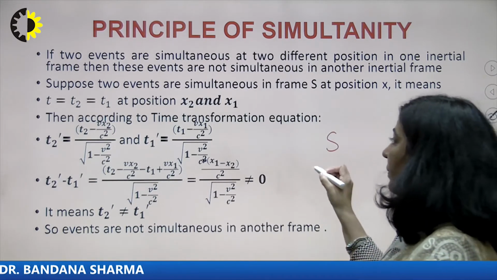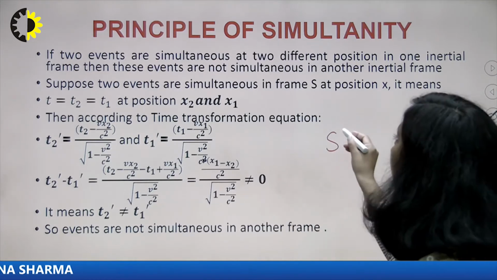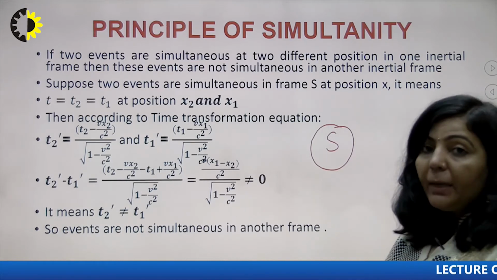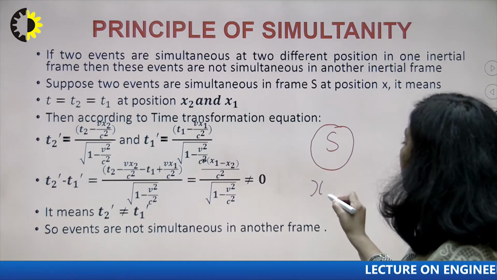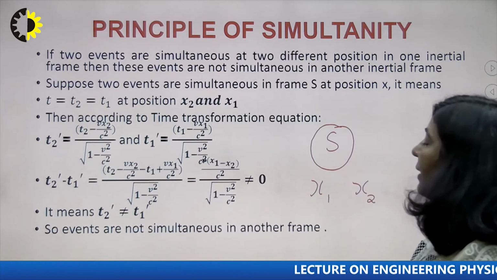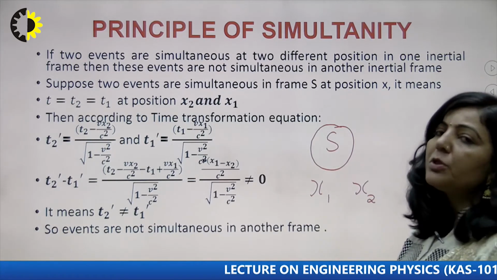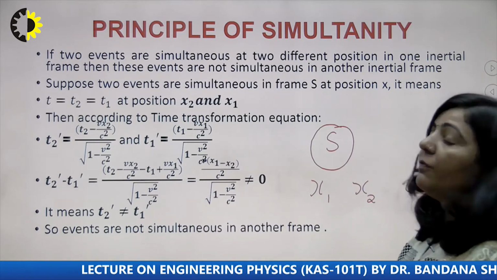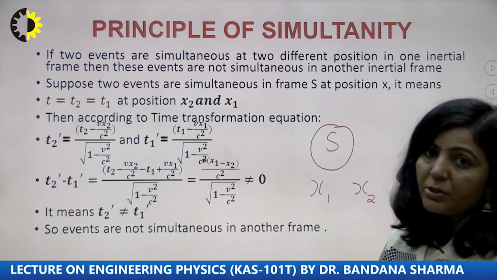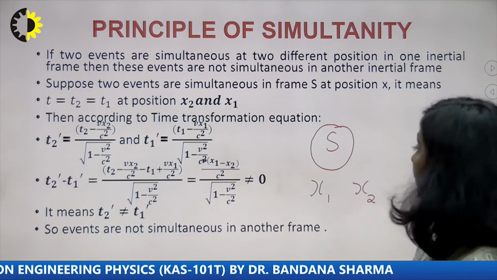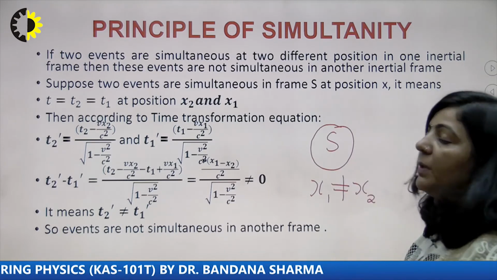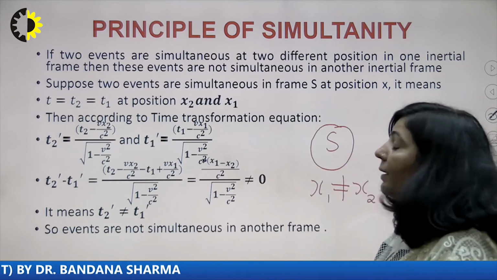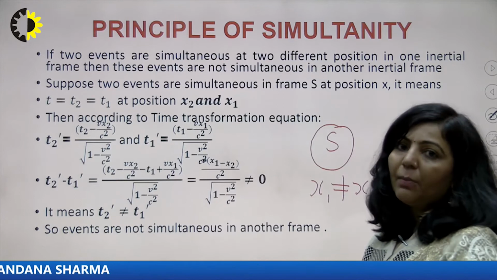Now if you have two events simultaneous in the S frame at two different positions, means in frame S, the first event is happening at position x1 and the second event is occurring at position x2, and these two points are different points, means x1 is not equal to x2, but the events occurring at these two points are simultaneous.